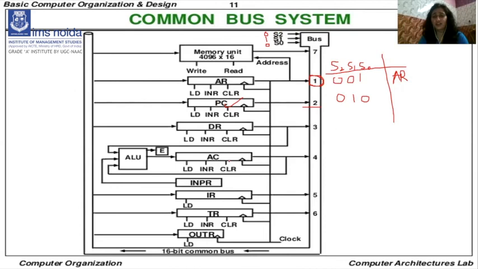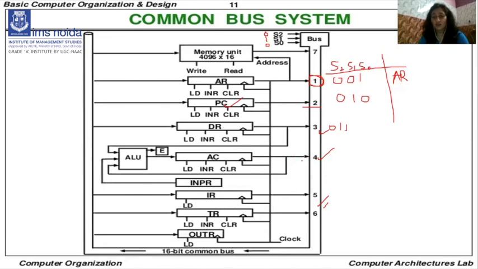Similarly, operations with data, accumulator, input, output, and all the registers which are connected through the system bus, right? At location 3, the value will be 0, 1, 1. When the selection line is 0, 1, 1, then the data register will work.